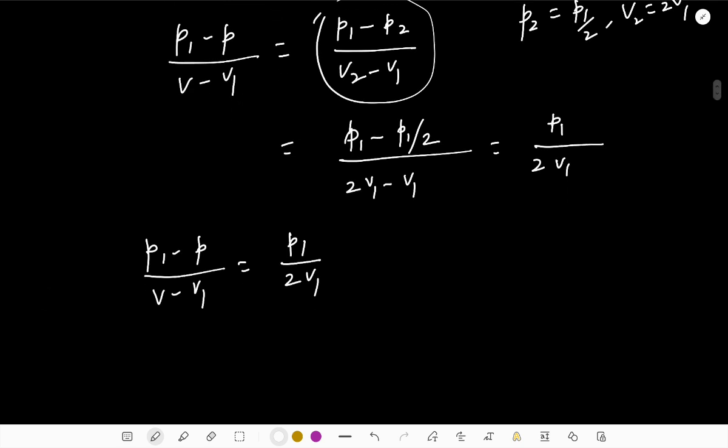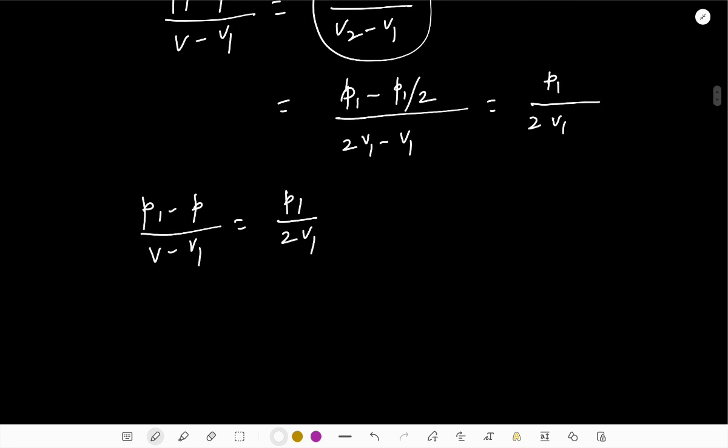I can make lots of calculation here. Many steps, like I can write 2 P1 minus P V1 equal to P1 V minus V1.